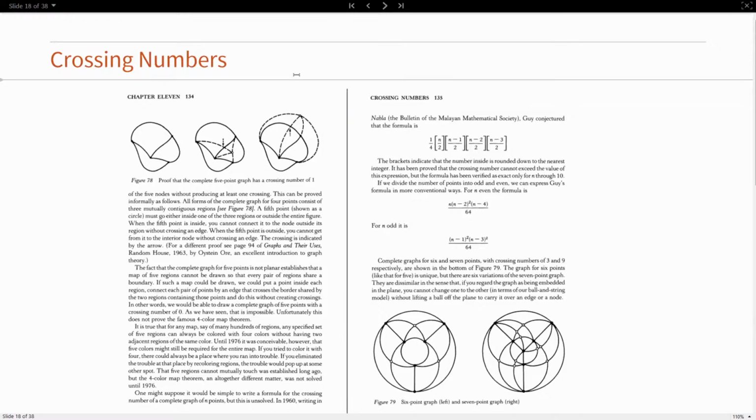Crossing numbers is another unsolved case. In World War II, a lot of mathematicians were rounded up and put into work camps.